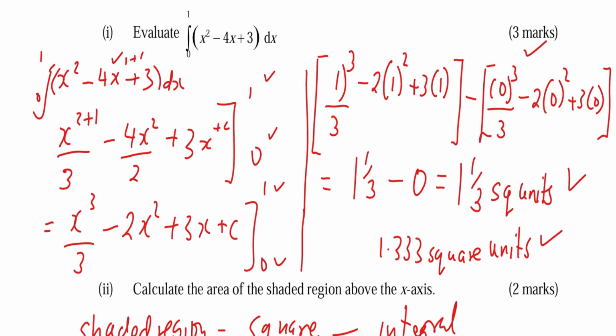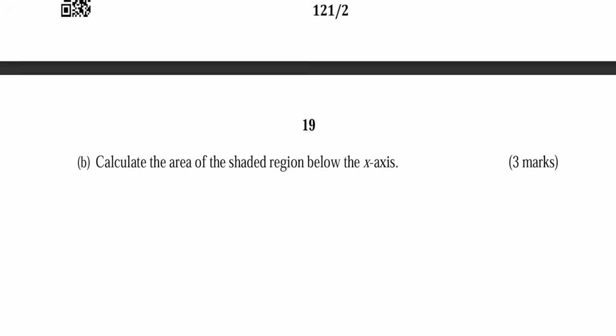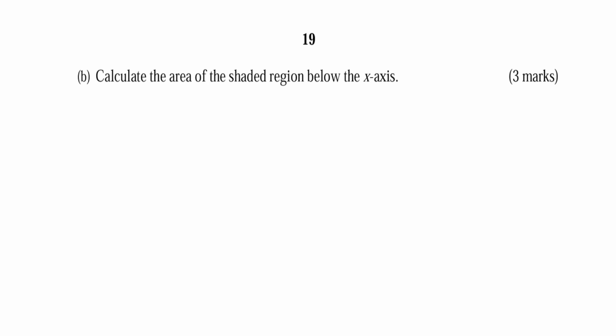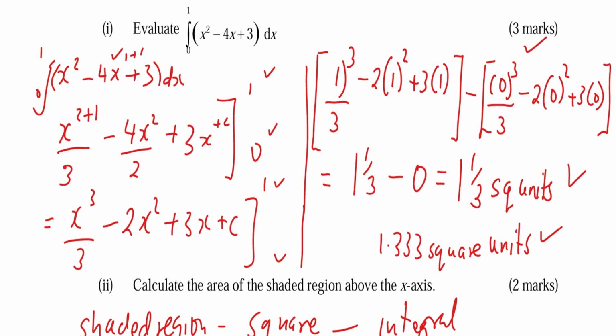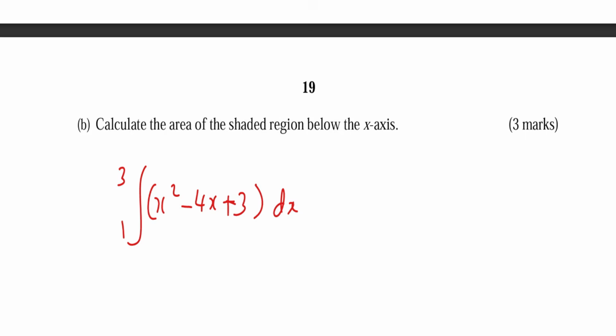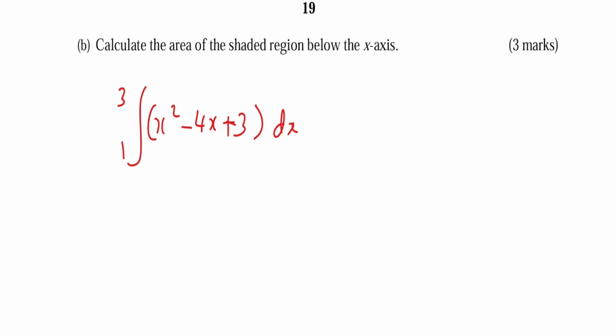So again, 3 and 1, x squared minus 4x plus 3 dx. We're doing the same thing, but let me confirm with the question. Yeah, minus 4x plus 3. But remember, the answer that you get will be negative, but you ignore the negative part.